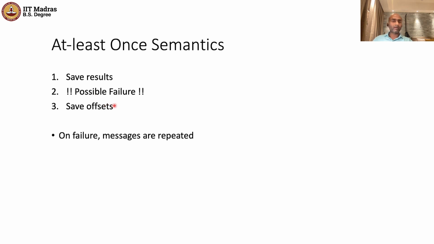It still is going to pick up from offset 10 because the saving of the offset to 11 has not happened yet. The failure has occurred prior to that. But offset 10 being consumed means that the message will get processed and the result that gets computed is going to be a duplicate, because I've already processed it, I've already saved it, and I'm going to process it again because the failure occurred and I've started again.